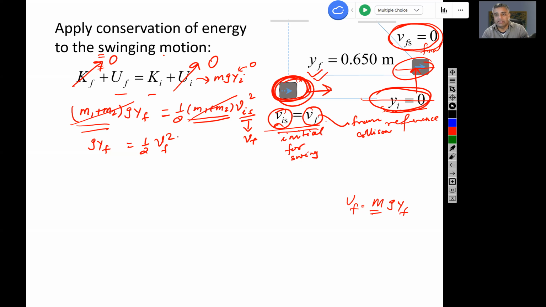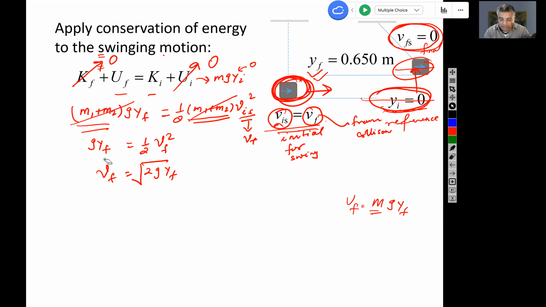Because our previous equation has vf in it, and we want that. So vf is the square root of 2 g yf. I'm just solving for vf, bringing g over, 2 times that, and taking the square root.